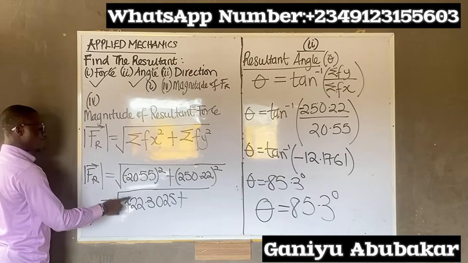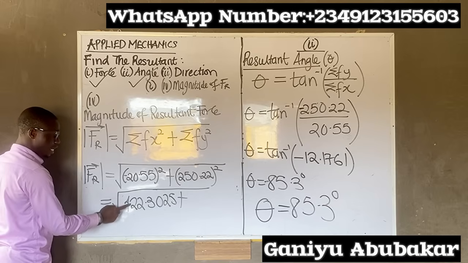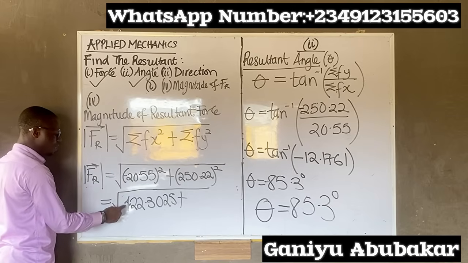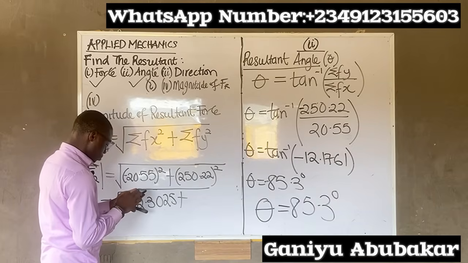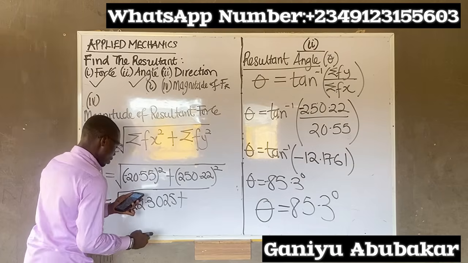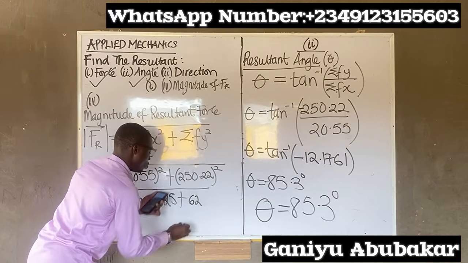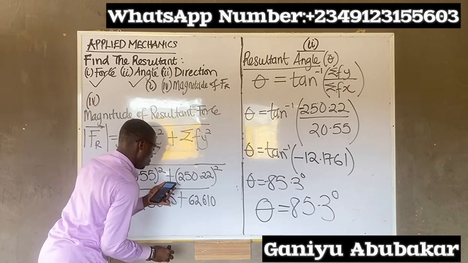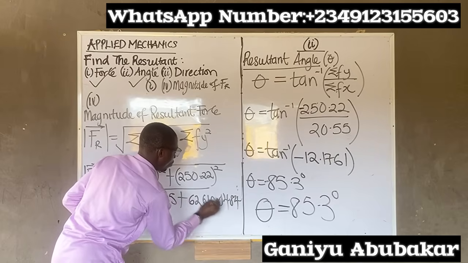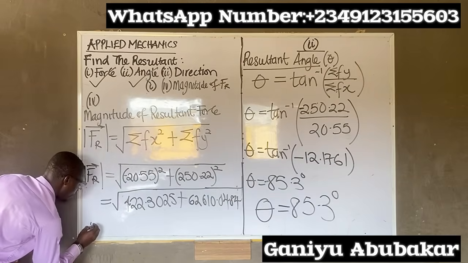Please, the negative here will not affect the stuff. I've explained this in our previous classes: if you have this form, the answer won't be negative. 250.22 all squared gives 62610.0484.